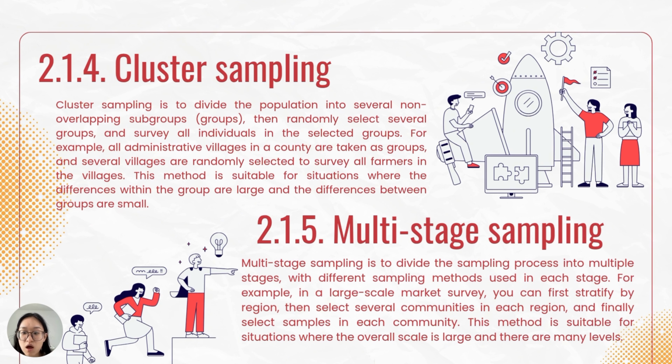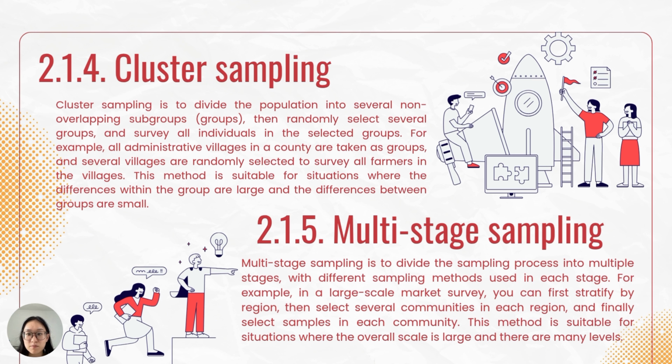For example, all administrative villages in a country are regarded as different groups, and several villages are randomly selected to survey all the farmers in those villages. This sampling method is suitable for a situation where the differences within the group are large and the differences between groups are small.